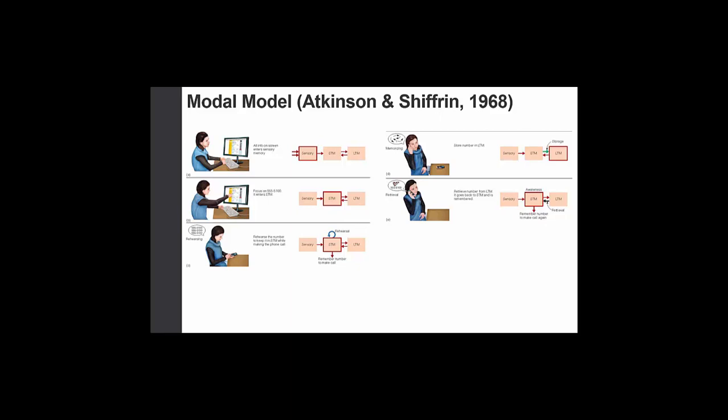What does it mean to have something in short-term memory? What does it mean to actually store it in long-term memory? And remember that anytime we're recalling that information, we're pulling it out of long-term memory and putting it into short-term memory. Okay, so as a process, once we've made the phone call to order the pizza, that's going to leave short-term memory and go back into long-term memory, presumably.